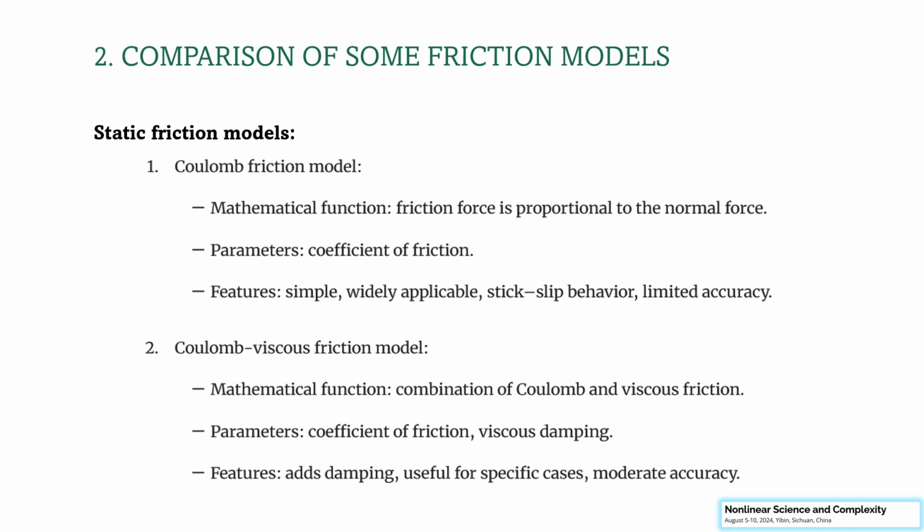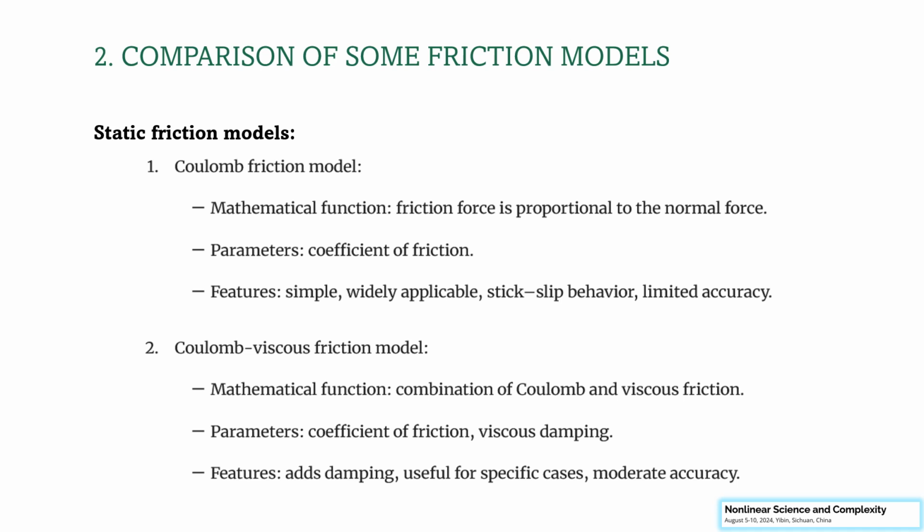In this part of the presentation, we shortly summarize the discussed static and dynamic friction models. For instance, the Coulomb friction model has a friction force proportional to the normal force. The parameter is the coefficient of friction, and its features are simple, readily applicable, but of limited accuracy.